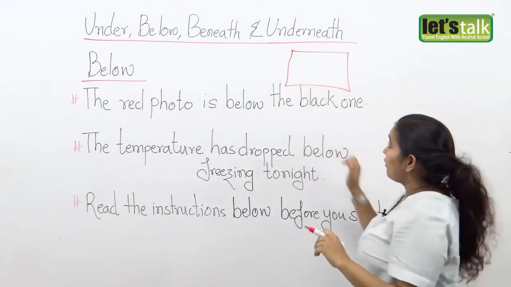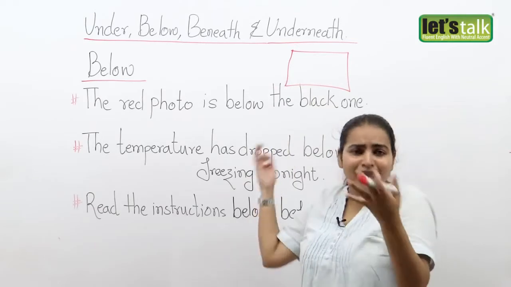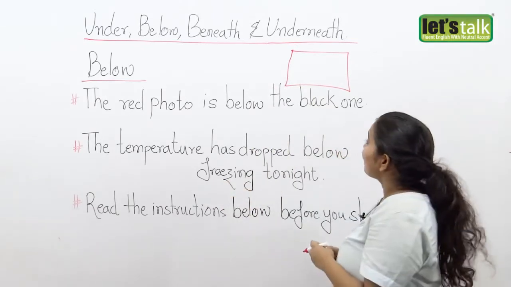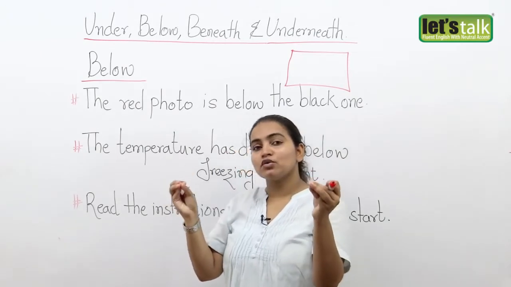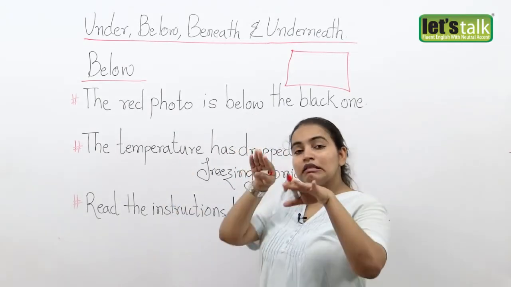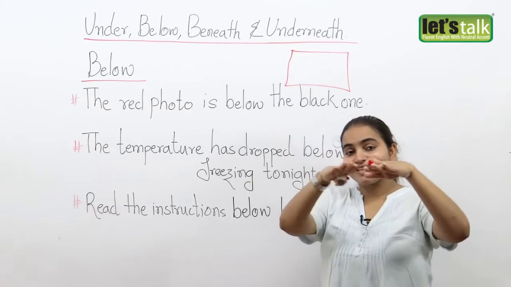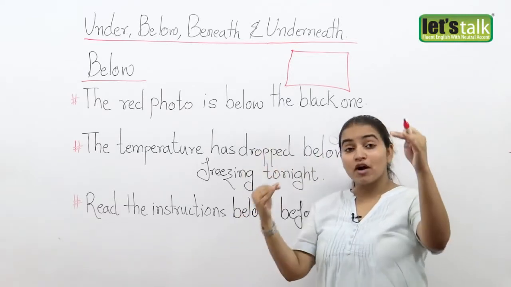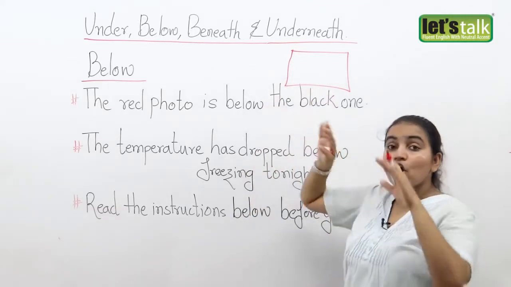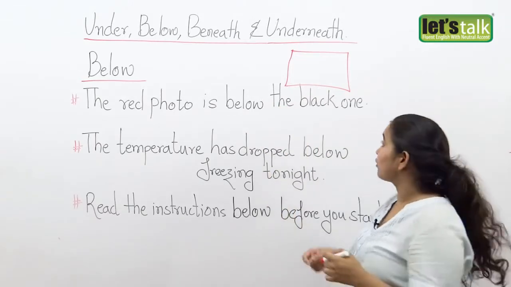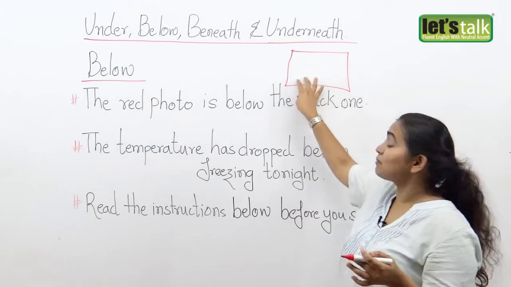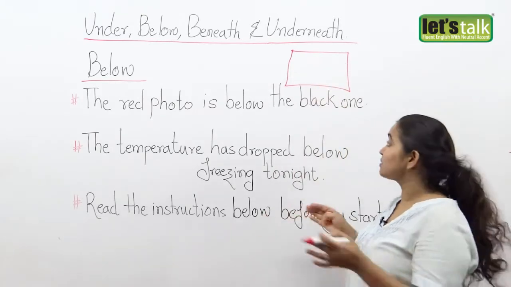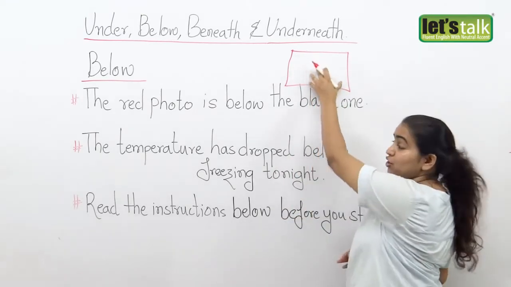Okay. Now, imagine this is my wall or a blackboard, if you may. Now, this context in which I use below talks about comparing the level of one thing against the other, provided both of them are on the same plane. Okay, so as I said, imagine that this is my blackboard, or maybe this is my wall, this square out here.